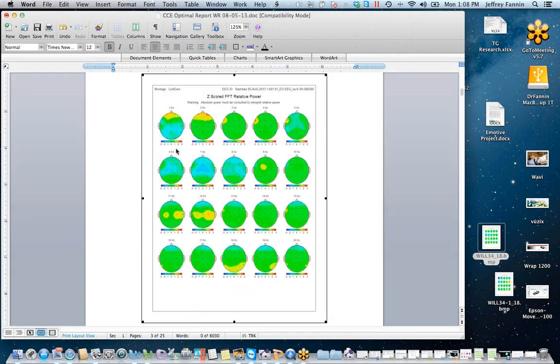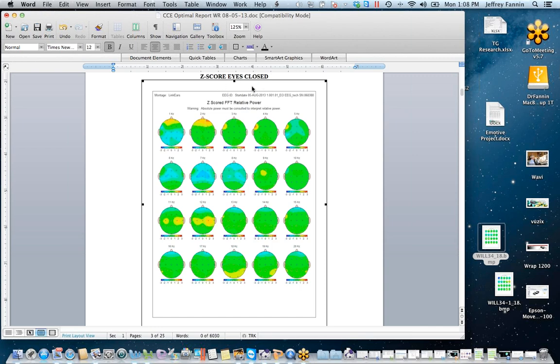So this is your eyes closed, where you're just sitting there taking in information. We're going to look at different frequency groups: 1 hertz, 2 hertz, 3 hertz. This group right here, that's what we call delta. Delta is usually dominant in our sleep patterns. The brain is producing all these frequencies all the time.